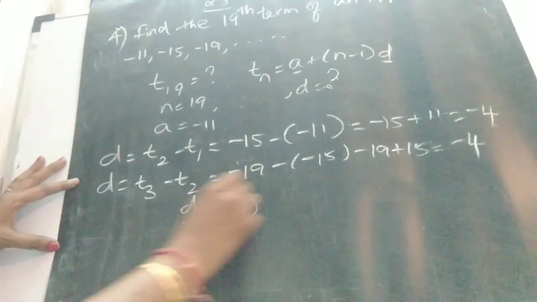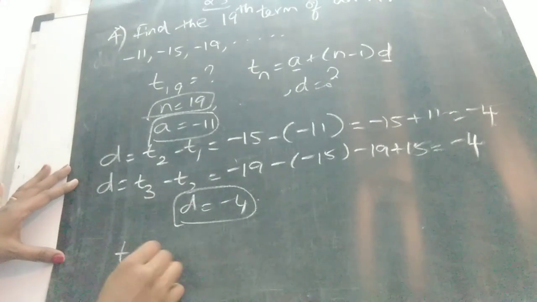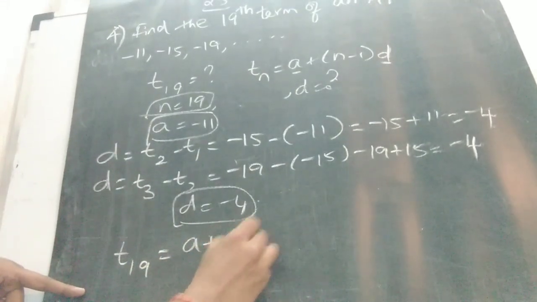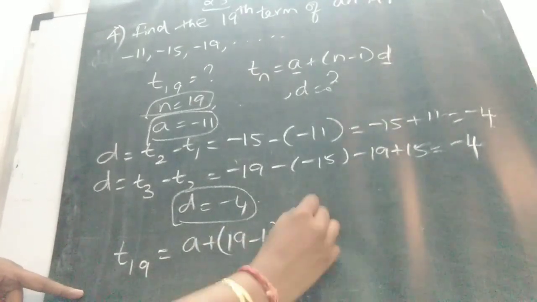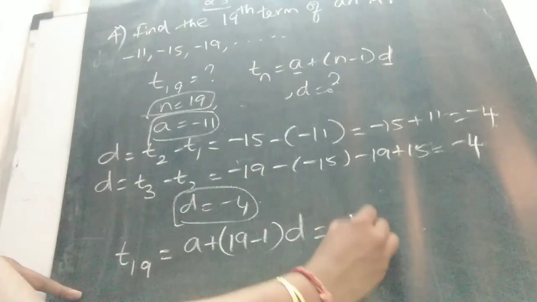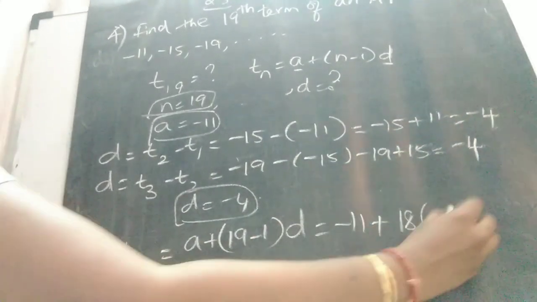Now you got D, you got A, you got n. Apply in this T19. So T19 will be A plus 19 minus 1 into D. That is, your A is minus 11. 19 minus 1 is 18. And your D is minus 4.